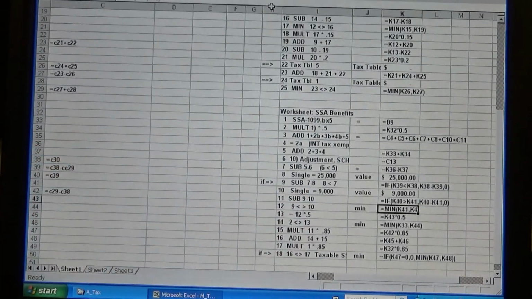And that's what the minimum function does. And the last function down here is a combination of if and the minimum. And like I said, I got this information from other YouTube contributors viewing their files. So they would do a search on spreadsheet if, spreadsheet min, and you'll get better information than what I can provide you.